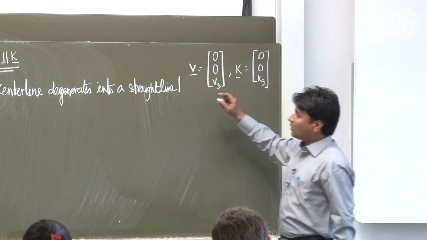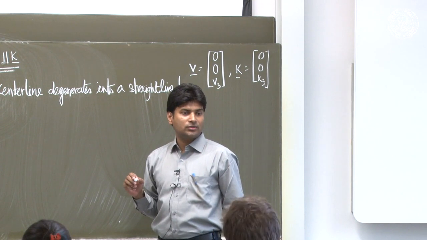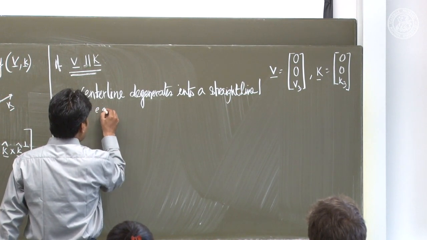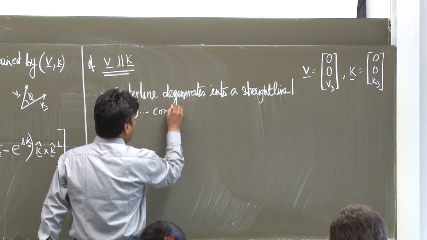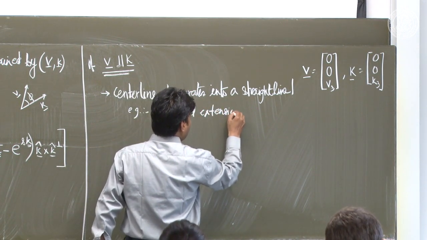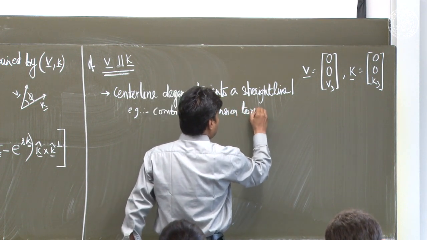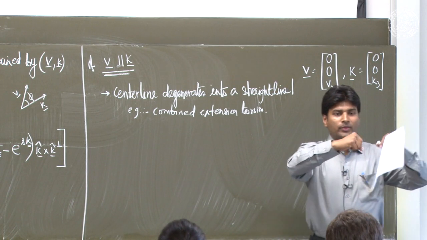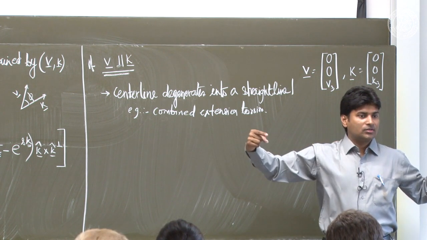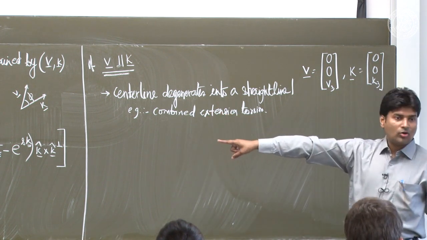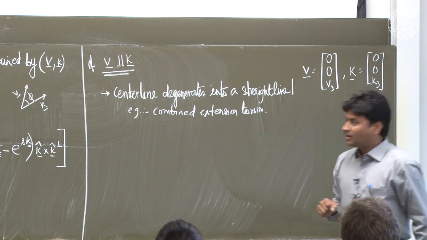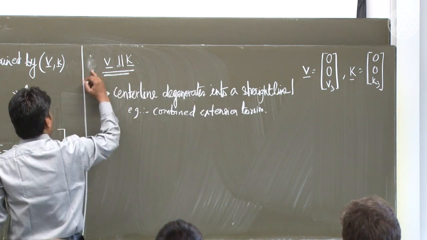So this corresponds to the combined extension twist situation, combined extension torsion. Isn't it? So you have got a beam, you stretch it and twist it, the center line remains straight, and that's why that formula also tells you that center line will remain straight, right? So that was one particular situation.